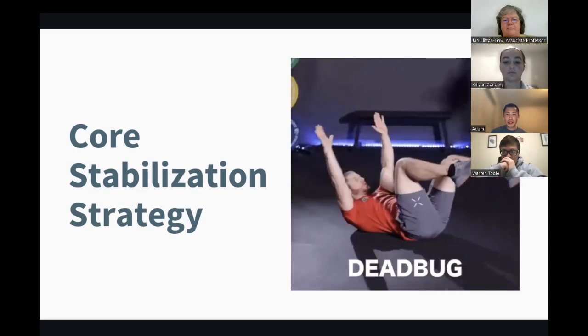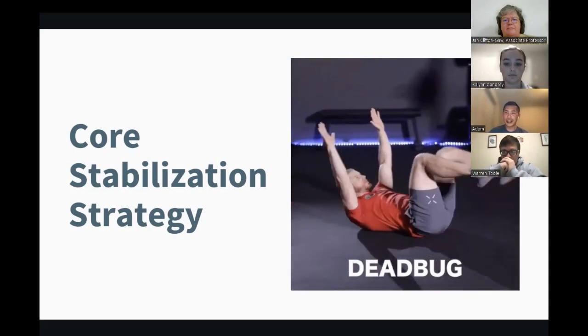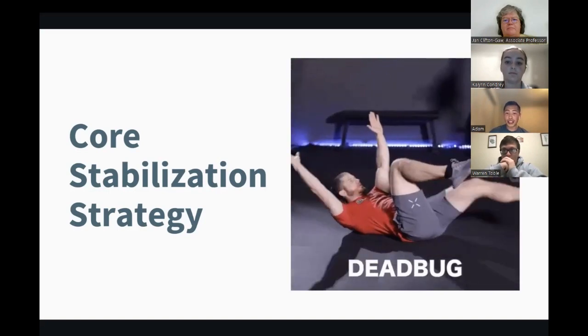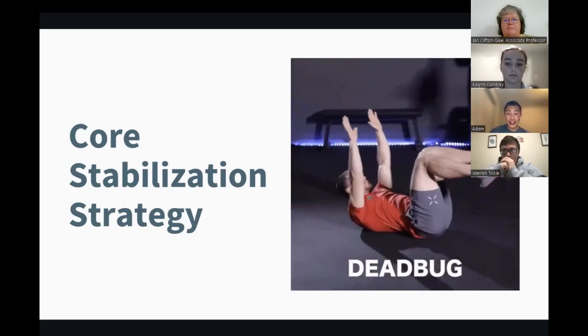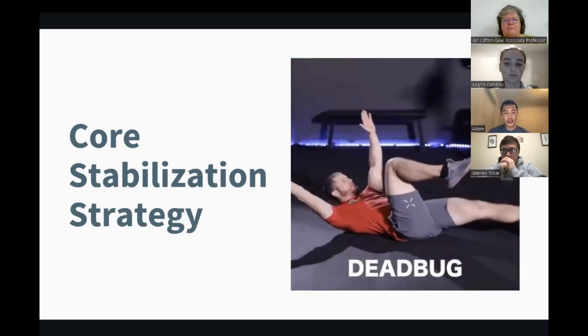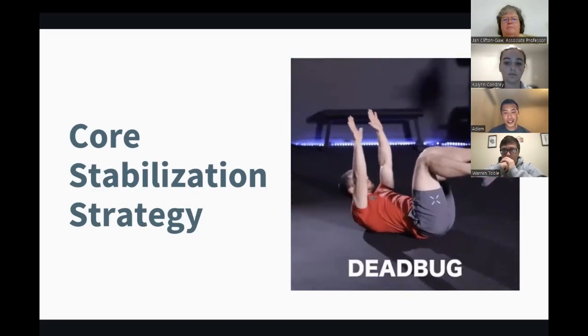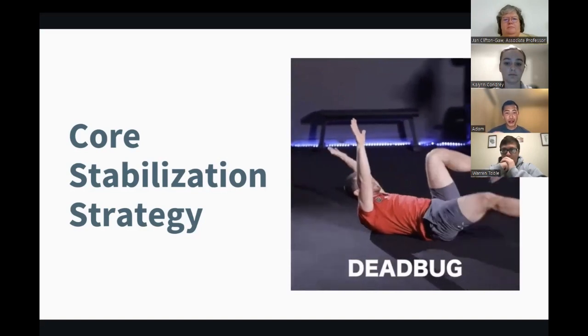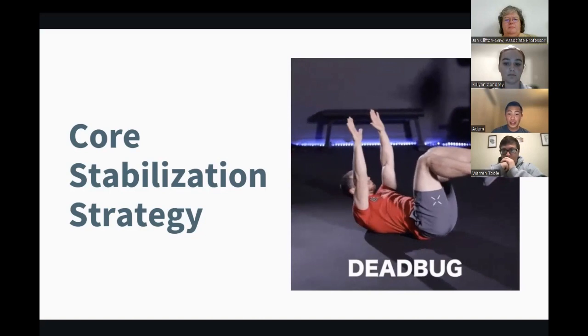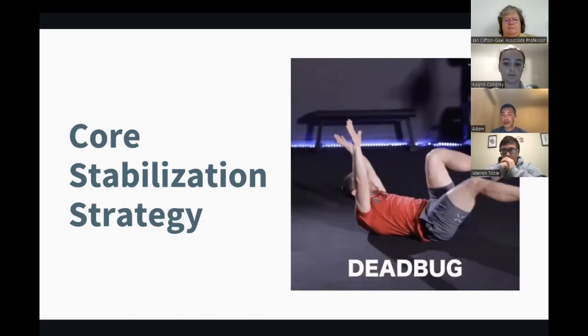So that's the first sign of, hey, maybe you're not really using your core. You're just squeezing your six pack. They would often say that they feel it more in their core, but you're actually just activating your six pack, your rectus abdominis, instead of your TA, your internal oblique, that kind of musculature.